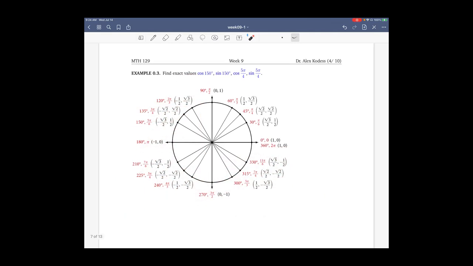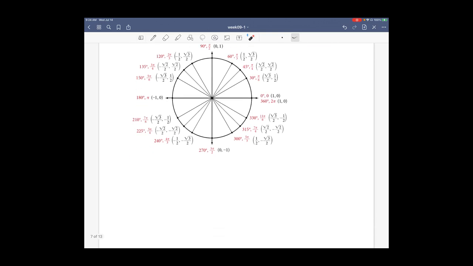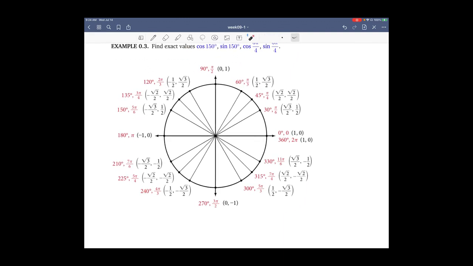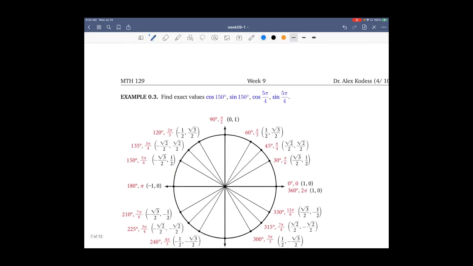Let us, for instance, find cosine and sine of 150 degrees. Well, here is 150 degrees, which is, by the way, 5 pi over 6. Let's establish that.